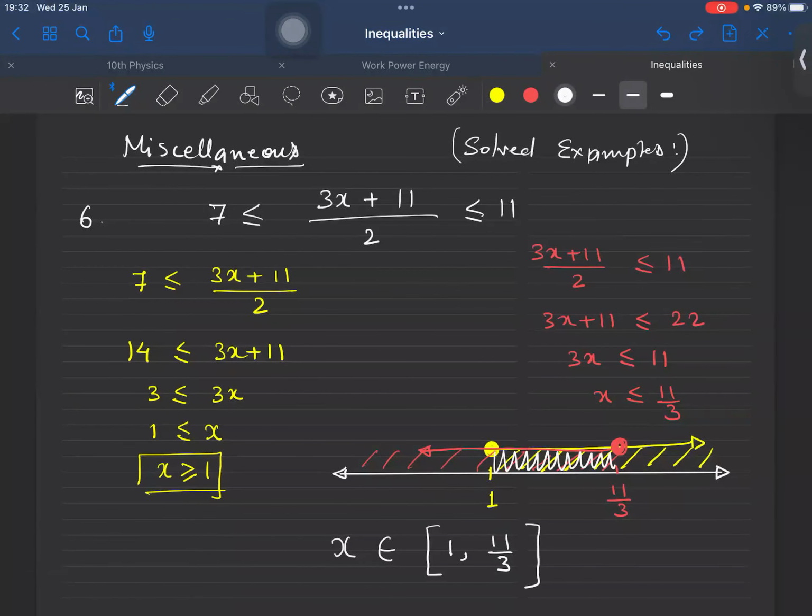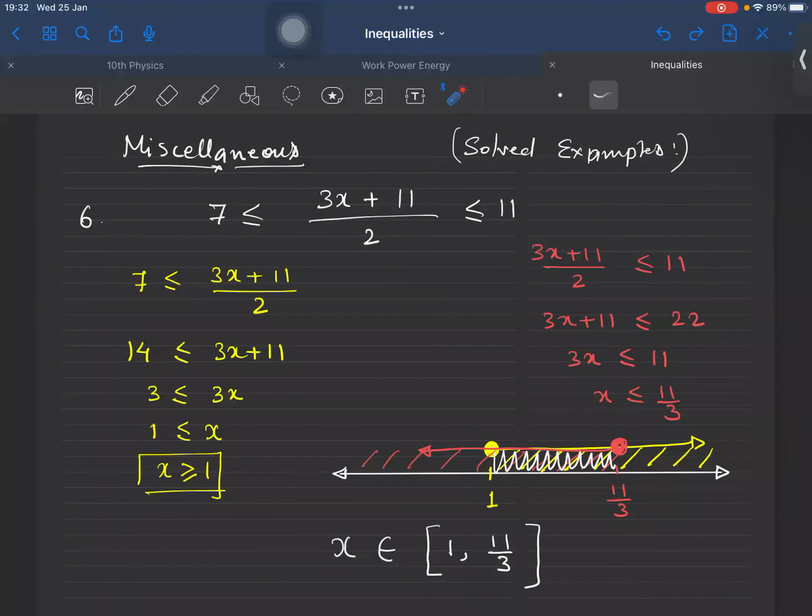First, remove the denominator, then remove whatever is being added or subtracted with the variable. We always want to find x, so act according to that. First we multiplied by 2, so we can remove this 2, and we do the same operation on both sides of the inequality.